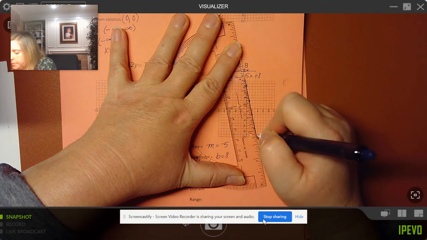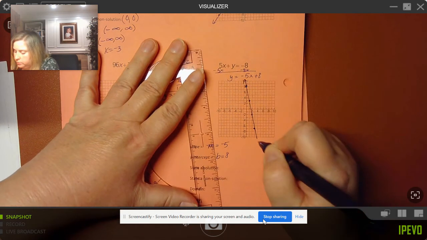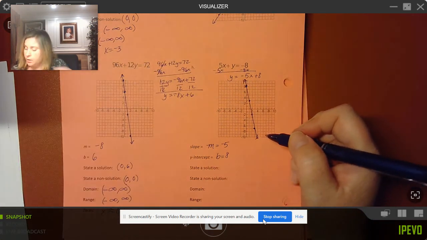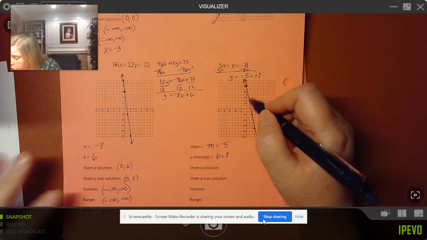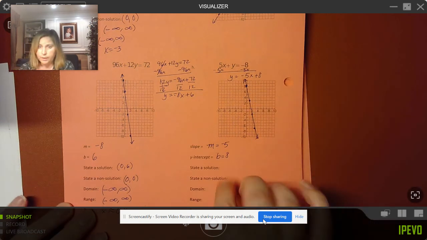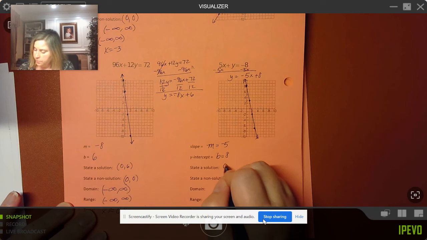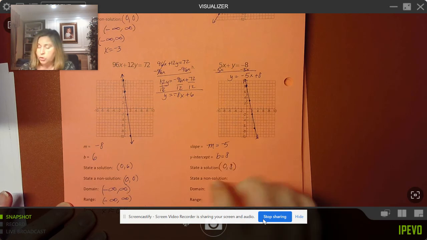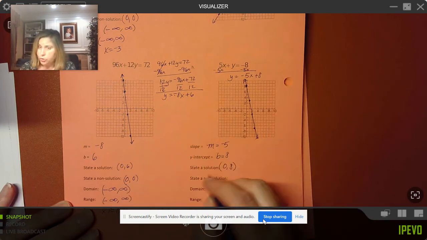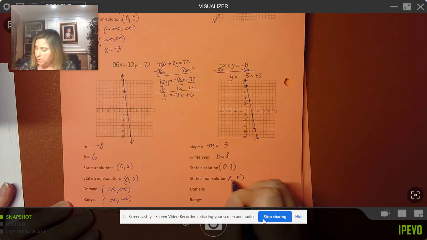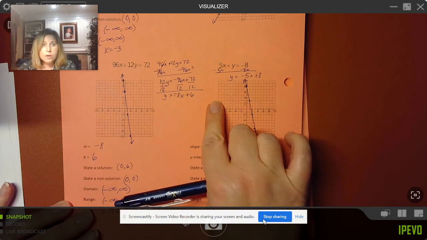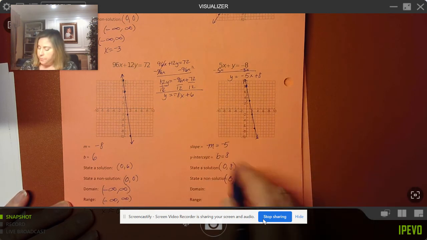Graph the line. And a solution of this line, let's just choose (0, -8), which is our y-intercept. Non-solution, any point that's not on the line, so I'll choose (0, 0). Domain: it does go left forever, it does go right forever.